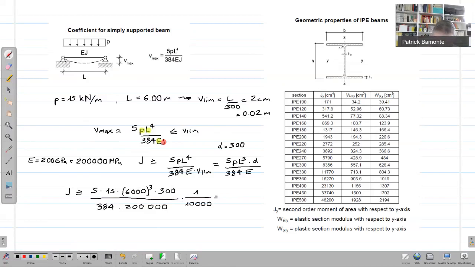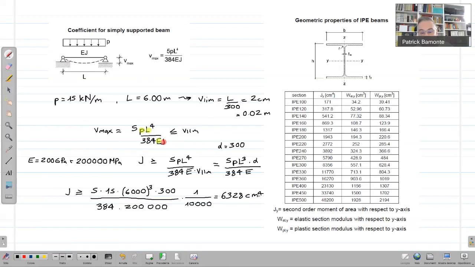And everything is to be divided by 10,000. Final result is 6328. So you get a minimum second order moment of area, which is 6328 centimeters to the power of 4.